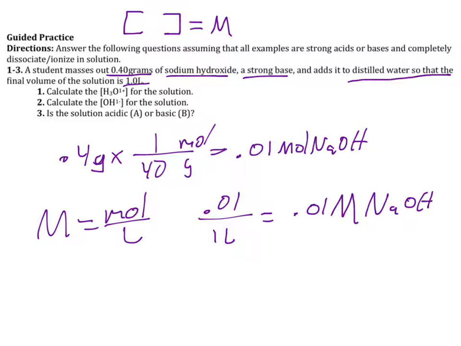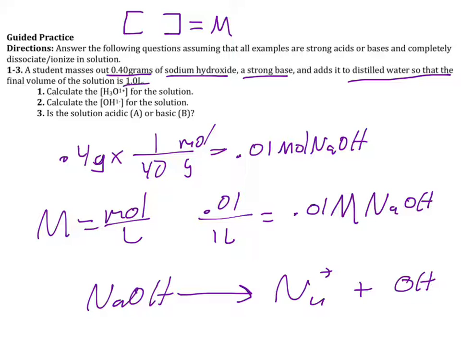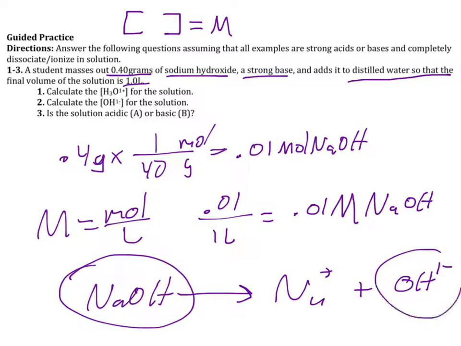Now, before we can answer number 1, we actually need to answer number 2. And the reason why is because we are given sodium hydroxide, and we know that this is a strong base, which means it will 100% dissociate in solution into the sodium ion plus the hydroxide ion. And we know that because it 100% dissociates, whatever the concentration of this is going to be the same concentration as that.